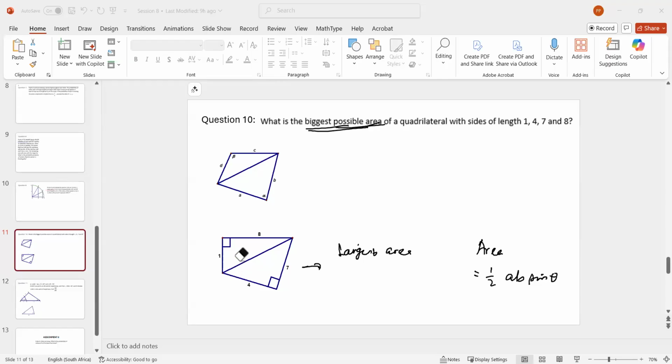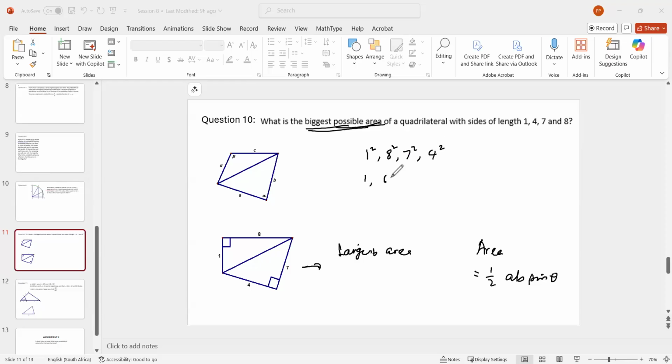This is the hypotenuse, and you can use Pythagoras in both cases. So it's going to be the sum of squares. So you get 1 squared, 8 squared, 7 squared, 4 squared.